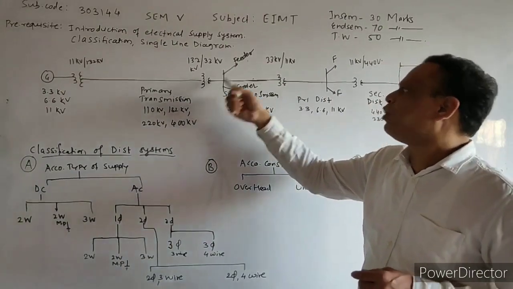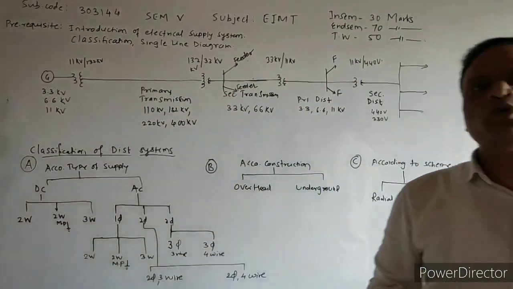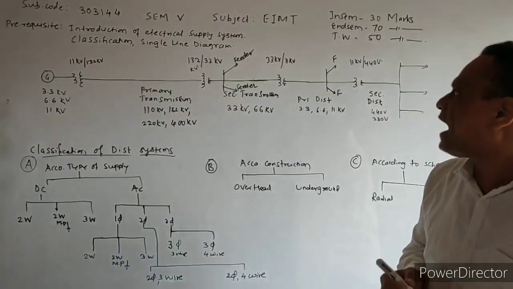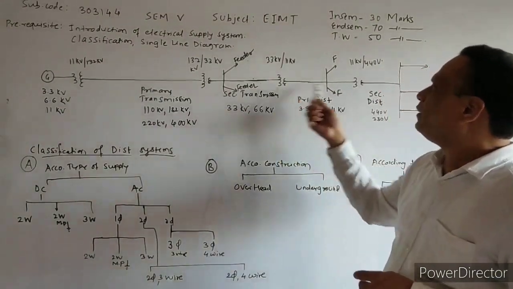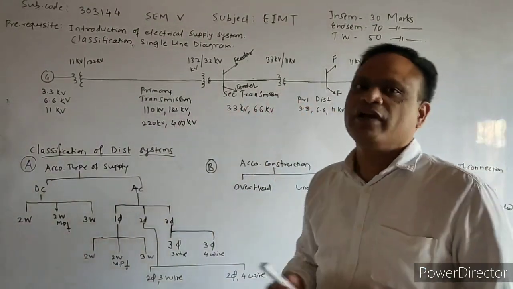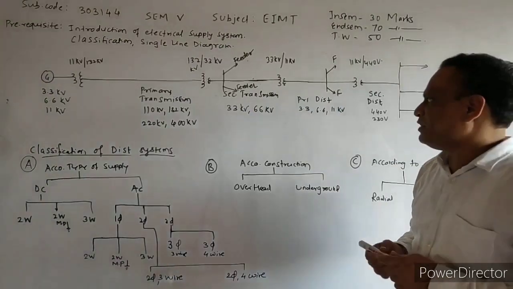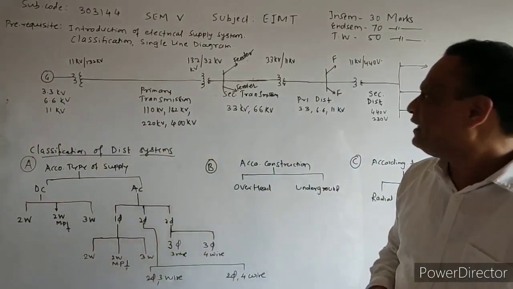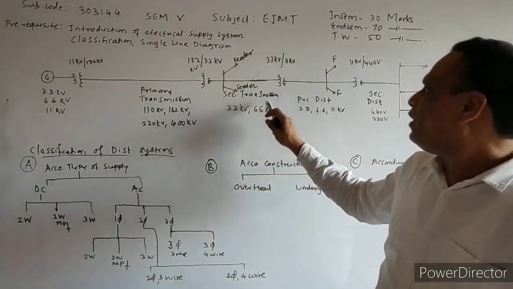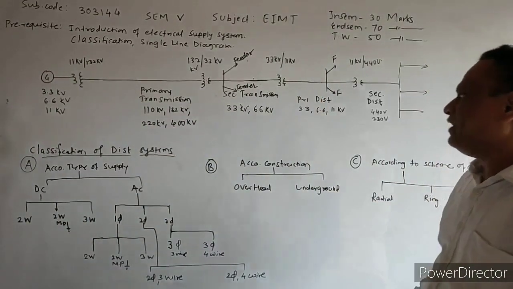So then this voltage is again transmitted up to some medium distances, and this type of transmission will be called as a secondary transmission. So secondary transmission is of the range 33 kV or 66 kV.